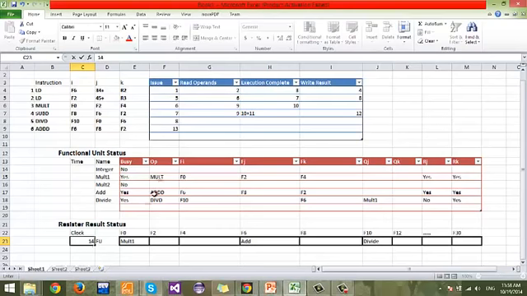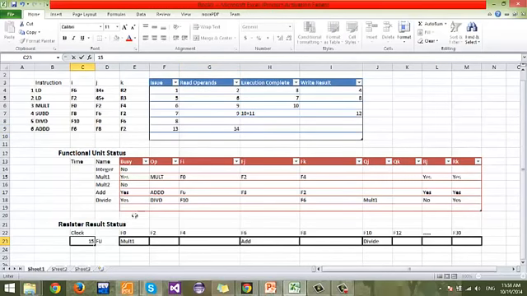Can div go to read operands? No. It's dependent on mult one. Can add D go to read operands? Yes. All the operands are available. There will be no other change.